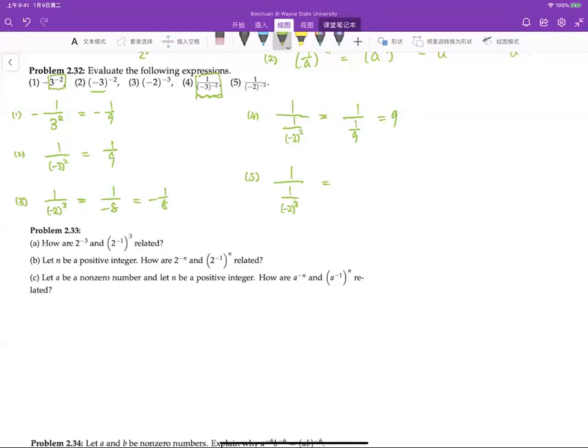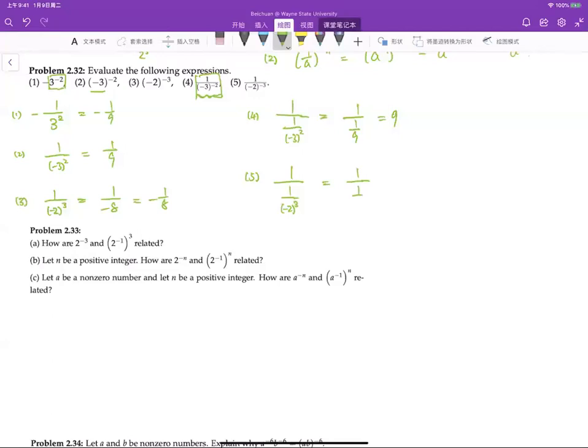Are you sure that's negative 6? So you multiply negative 2 3 times. Oh, it's positive 6. Is that positive 6? Oh, yeah, it's negative 6. I mean, is the value equal 6? The value is negative 6.